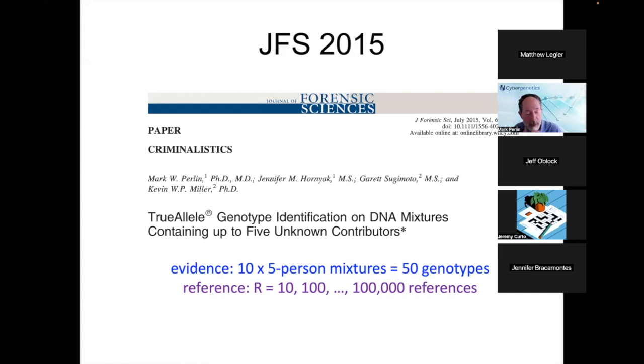And then, let's call capital R the number of references: 10, 100, 1,000, all the way up to 100,000. And you know, Matt, we can skip the demo thing here. You're just going to show a composite curve. It's fine. Okay. And in the interest of time, let's just move on.